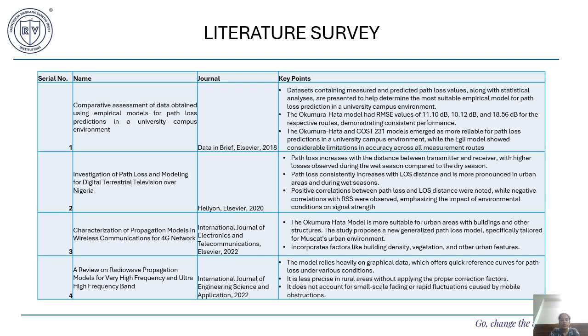A review of the radio wave propagation model for very high frequency and ultra high frequency bands was also undertaken. The model relies heavily on graphical data, which offers quick reference for loss under various conditions. It is less precise in rural areas without applying the proper correction gain factor.